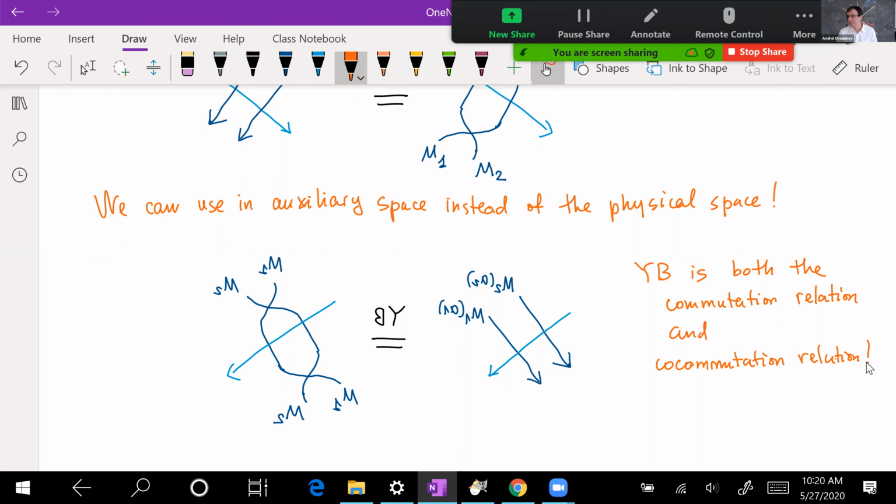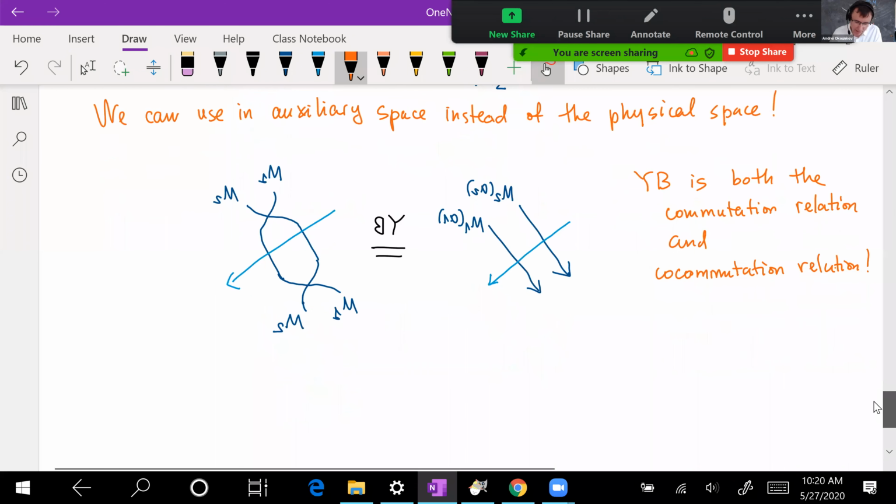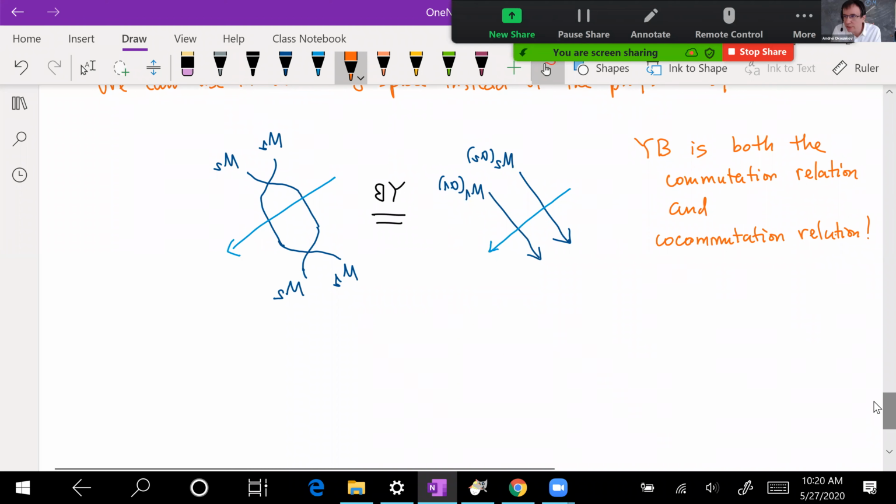More generally, the braiding is an example of a morphism in the category that we constructed.